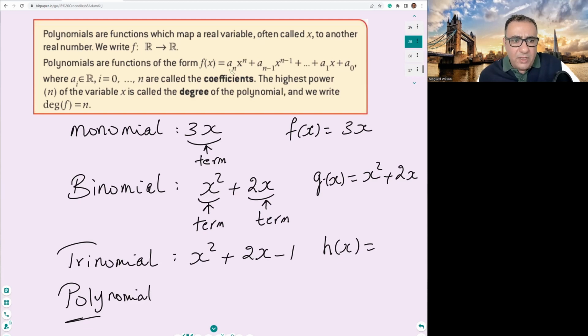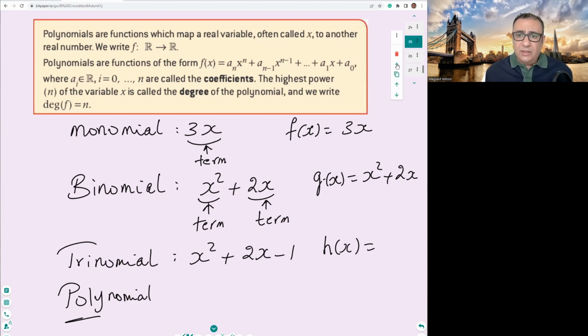You see here the form: a_n, which is the coefficient, x to the power of n, plus another coefficient, x to the power of n minus 1, plus a1 x plus a naught, which is the absolute value. These are the powers, n, n minus 1, 1. So the powers here have to be non-negative integers.